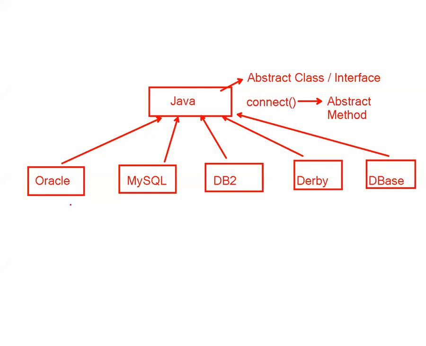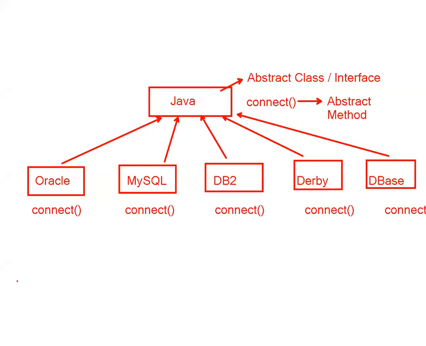Core Java most important. Here connect, you have to define. Here connect, compulsory. Now everywhere connect, compulsory you have to write.